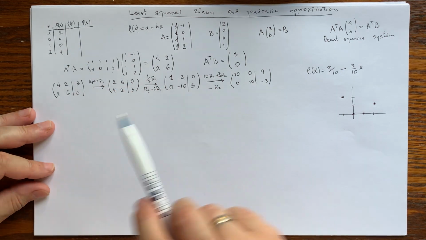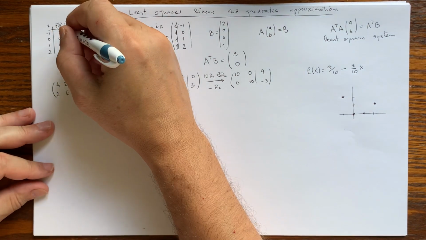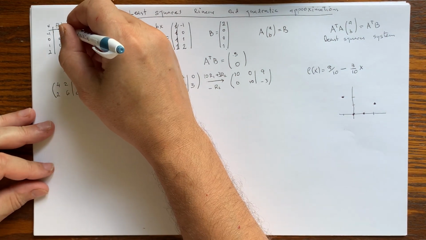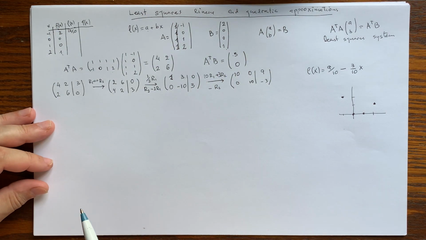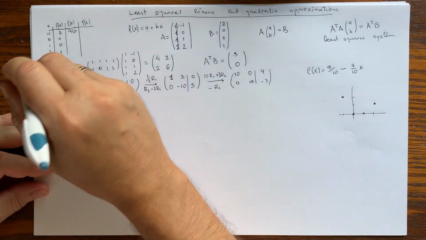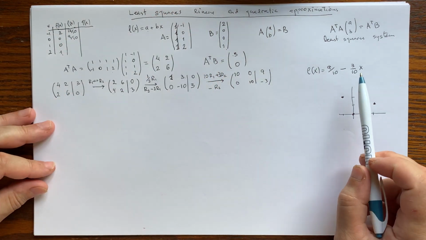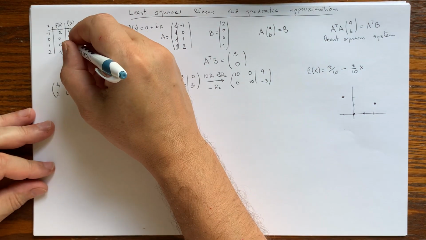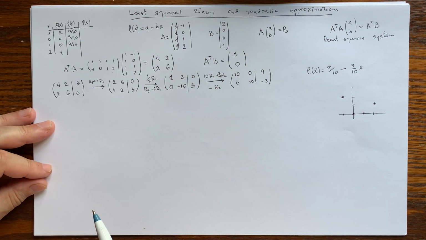So at negative 1 we have 9 over 10 plus 3 over 10. We have 12 over 10, which is better known as 6 over 5, but whatever. At 0 we have 9 over 10. At 1 we have 6 over 10. Again, can be simplified, but I'm just keeping 10 as a common denominator.